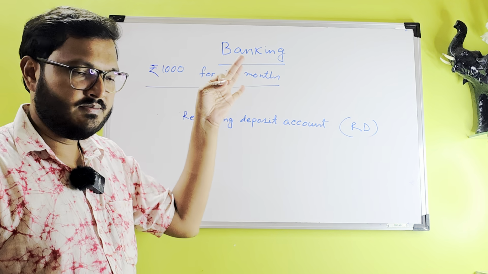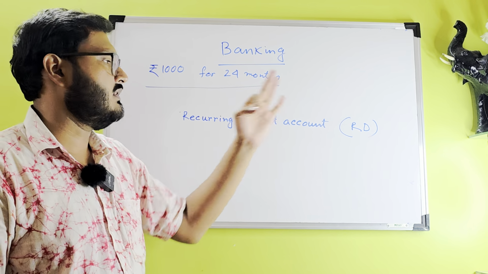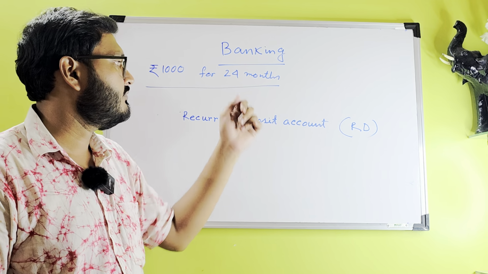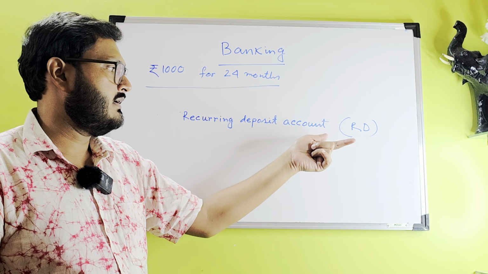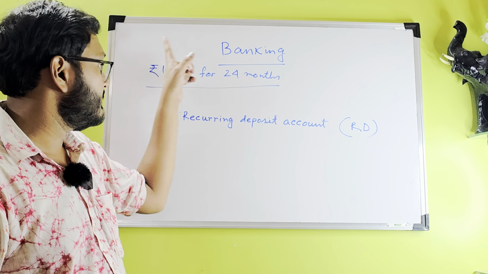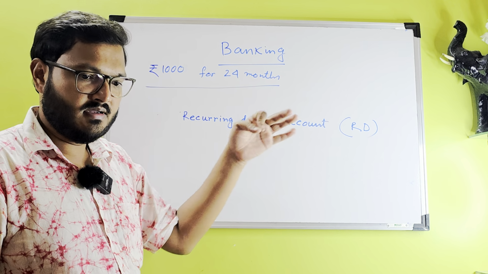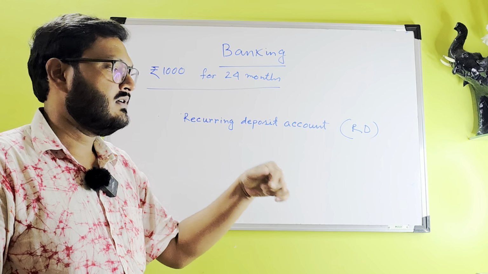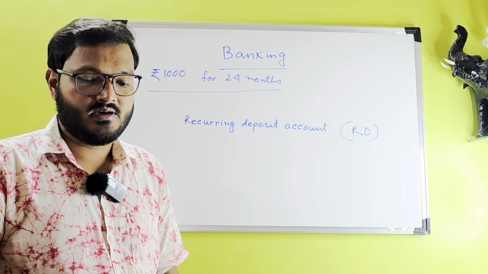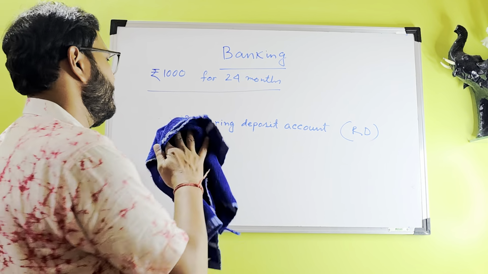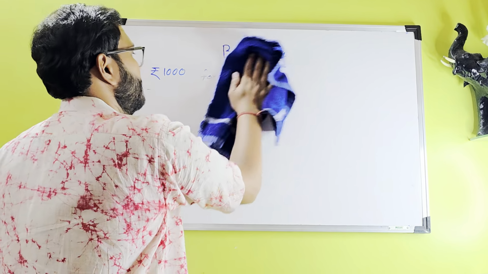If I deposit 1,000 rupees in every month for 24 months, 1,000 rupees is repeating, so that is a recurring deposit account. I'm telling you, it's a very simple chapter.